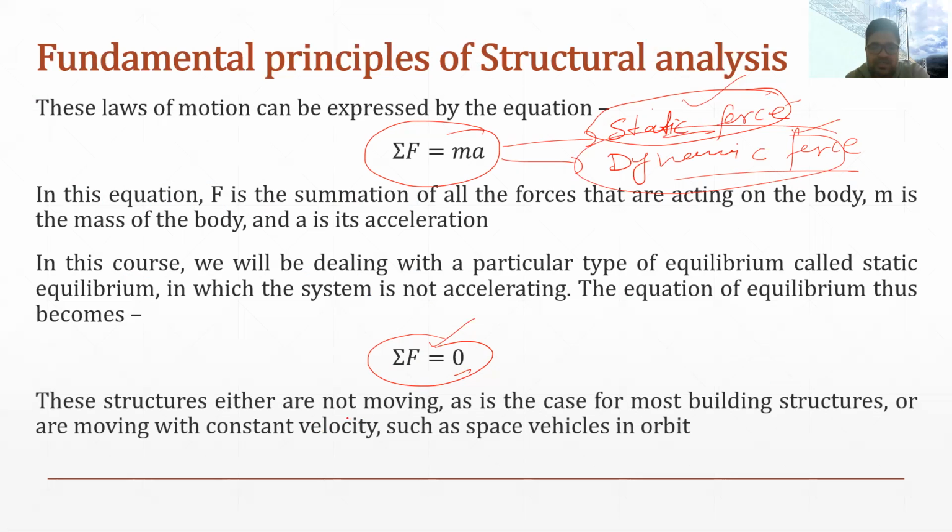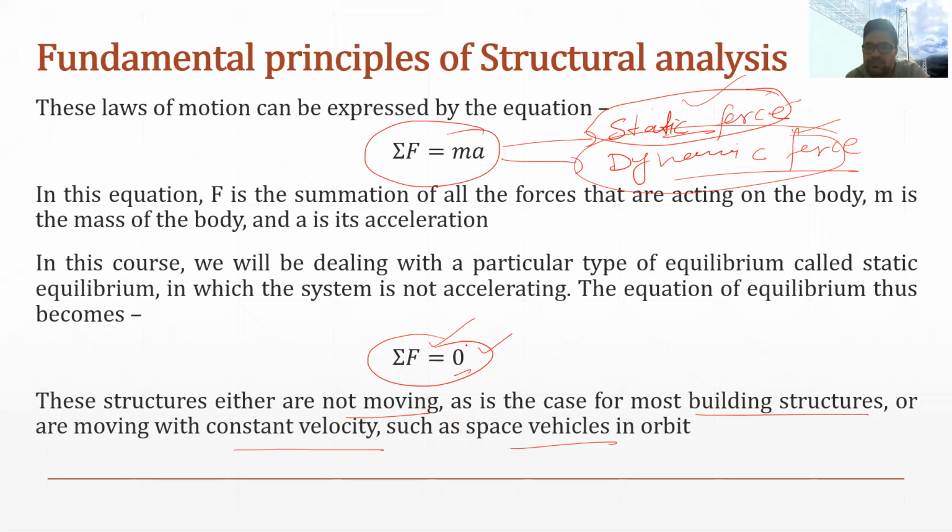In this static condition, as you can see, these structures either are not moving, as in the case of most buildings, or are moving with a constant velocity, such as a space vehicle. Like our building, it is in the stationary position, and then this equation will be applicable.